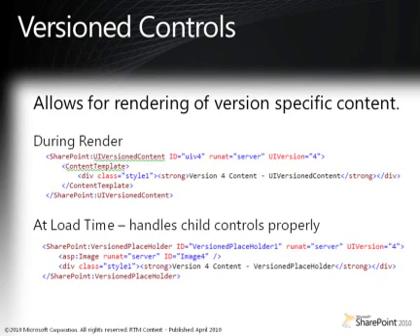With 2010, there are new controls available which can be used to differentiate rendering options depending on your user experience mode. You can use the UI versioned content to differentiate HTML to be rendered. If you need to include functionalities depending on a UI version, you can use the version placeholder control, which supports adding child controls to it.